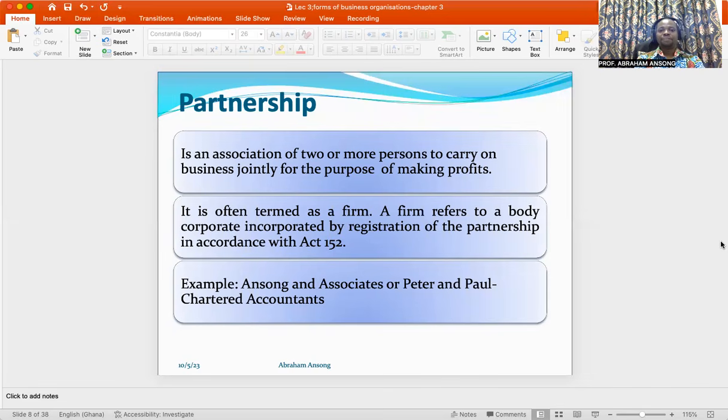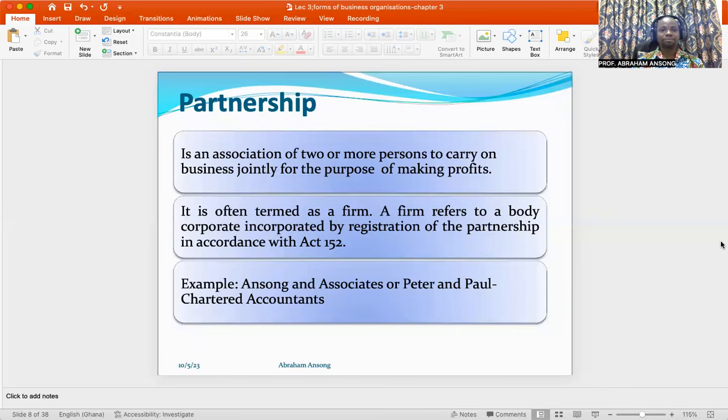It is often termed a firm. A firm refers to a body registered under the Partnership Act 152. So this is within the context of Ghana. Two or more persons coming together to jointly run a business with the aim of making profit is what is known as a partnership.